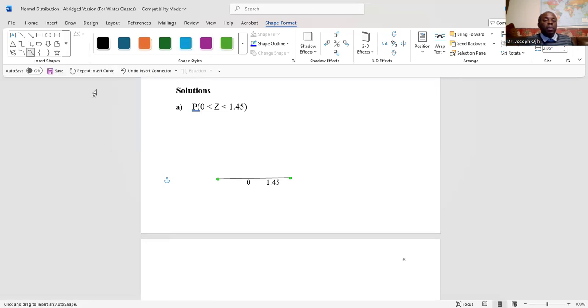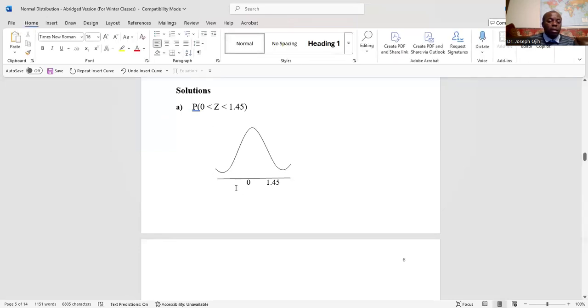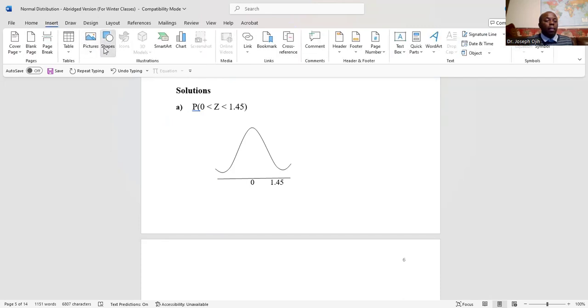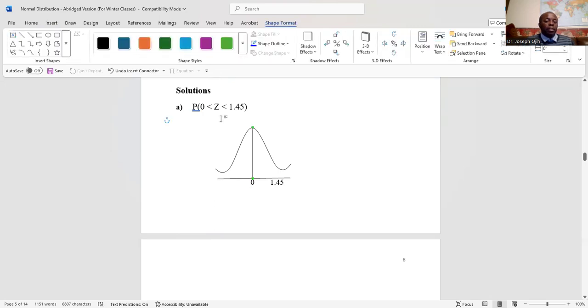Then for the bell curve, get this one. See that it's the same thing, except that then you put the center line. And it says between 0 and 1.45. 1.45 is right here on the right side.